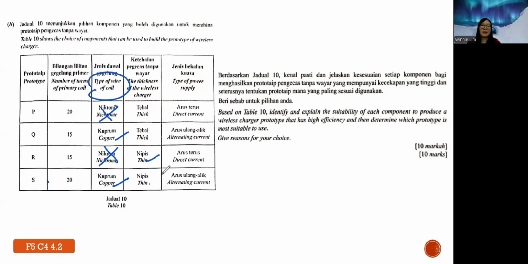We want it to be thin, because if it's thicker, then your coil is further from the secondary coil, understand? When it's thin and you place your phone on top of the charger, the distance is less. If it's thick, then the coils will be further apart. It's actually related to the flux linkage idea. And of course, the supply should be AC. Get the idea? So DC is out already.